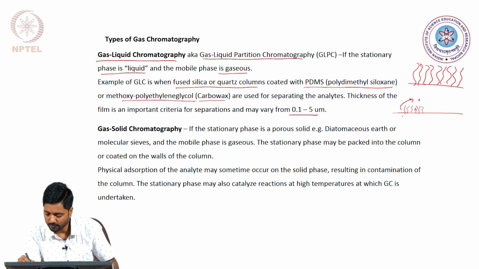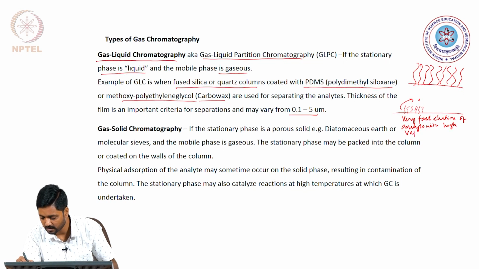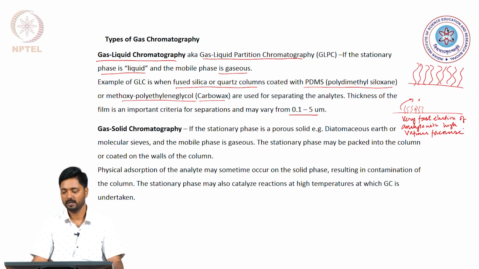So, a very fast elution of analyte with high vapor pressure will be observed in a chromatographic column which has a thin liquid stationary phase.